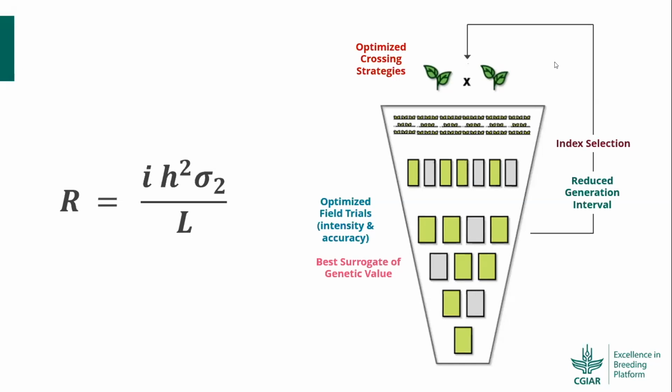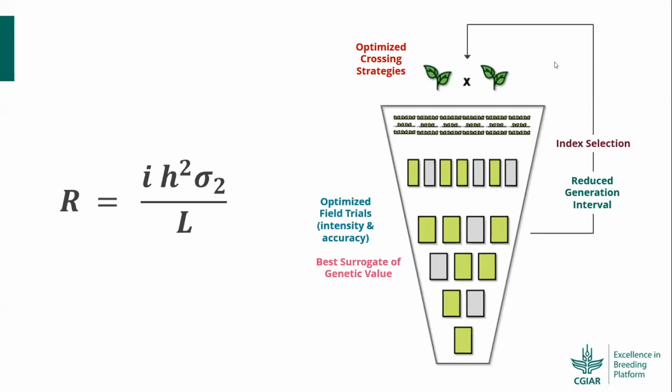The image that I'm showing you here is just a graphical description of a typical breeding scheme that is trying to optimize its crossing strategy. For example, balancing the pedigrees that they use, so they are not consuming the genetic variance that much, and using only elite parents, not that many, maybe 20, 25 in your crossing block.